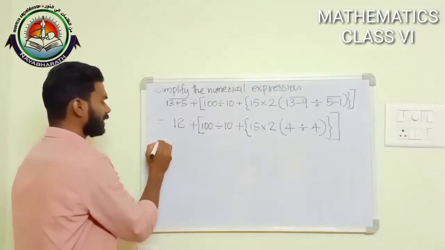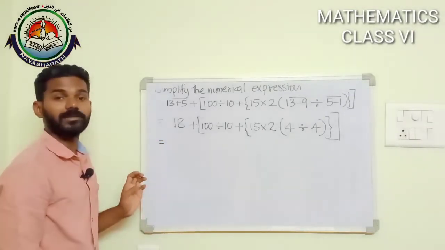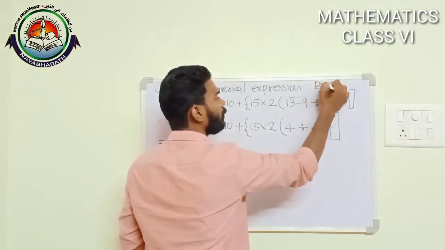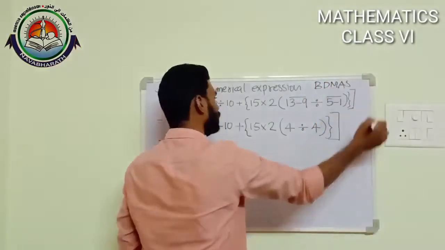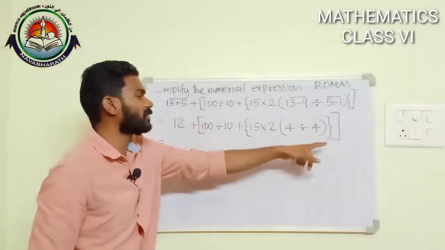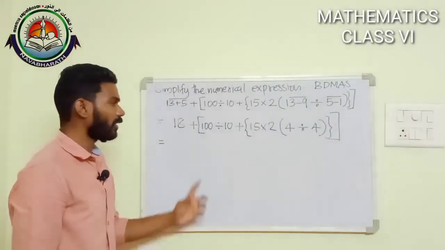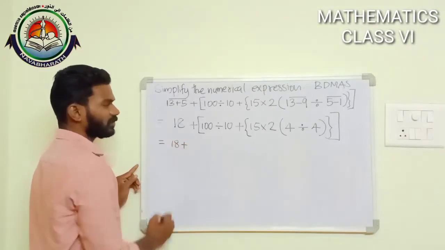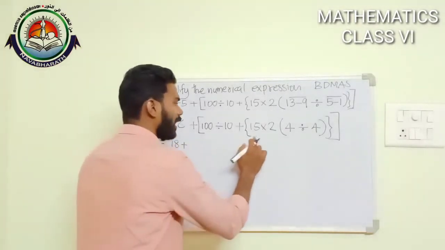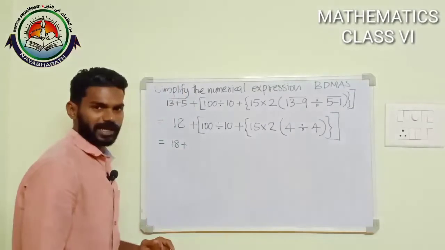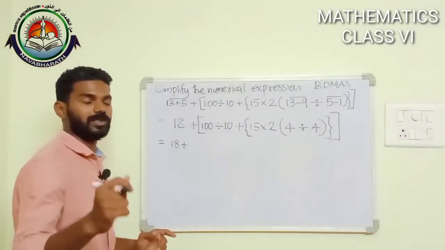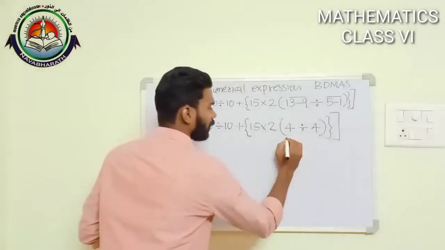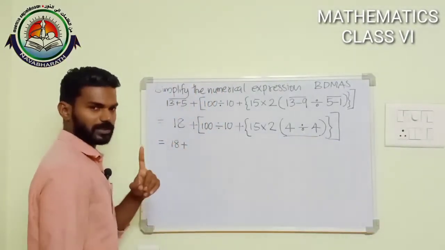Now what is the next step? Simplifying the brackets. Now we have to follow the order B, D, M, A, S. First of all, brackets have to be simplified. A lot of brackets are here. 18 plus. While there are a number of brackets, we need to simplify the inner bracket first. Clear? So this bracket has to be simplified first.